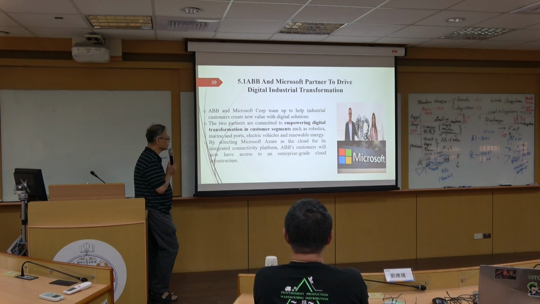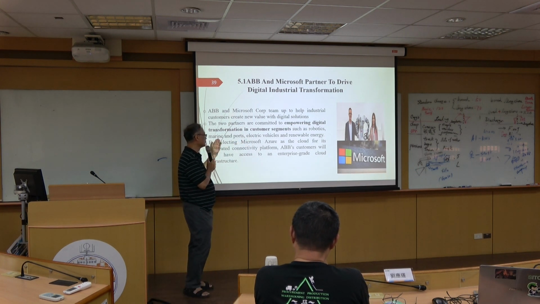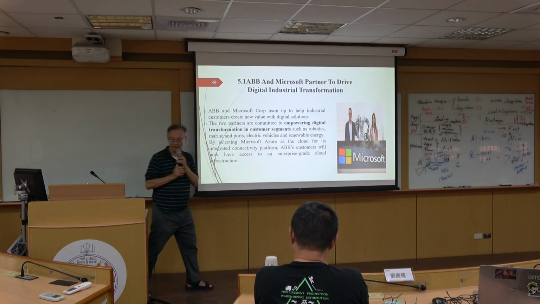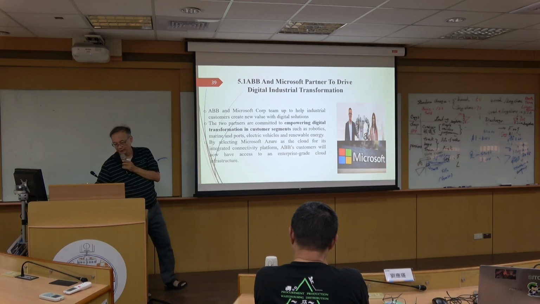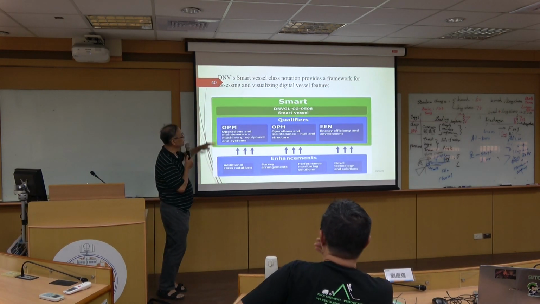And because, for example, they can use robots, marine port, vehicle, renewable energy, okay, to make their customer center. And this is one of their smart solutions. This belongs to DNV.